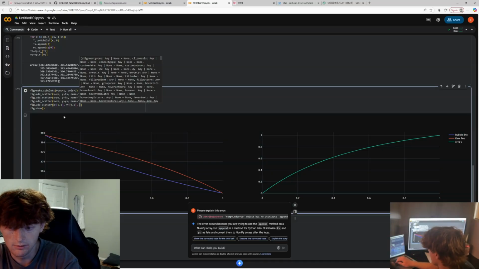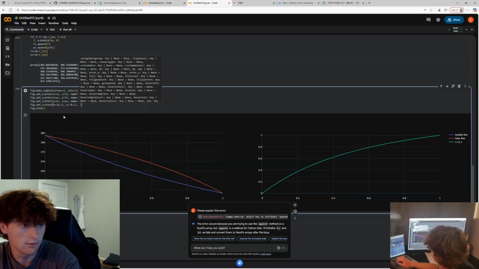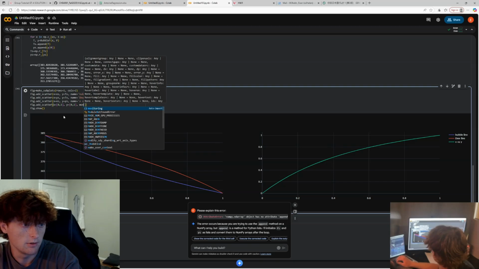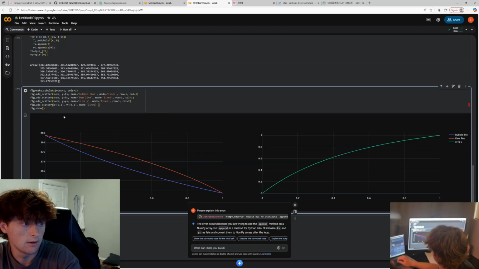Okay, and we want mode equals lines, and we want it on row equals 1, column equals 2.